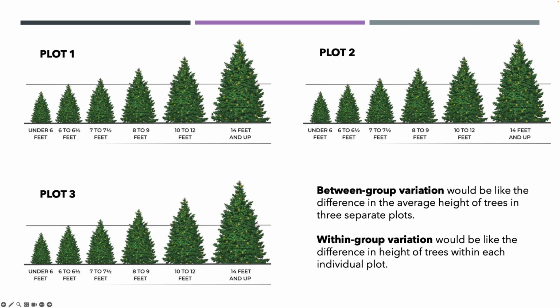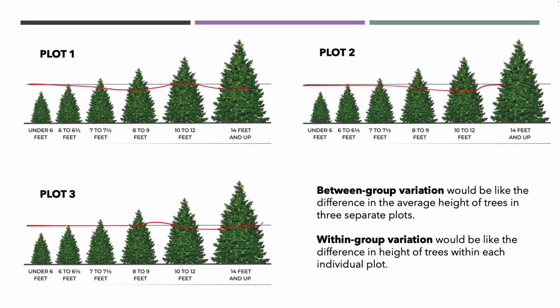And I have to consider that within each group of trees, there are also differences. Between group variation would be the difference in average height of trees in the 3 separate plots. So you can see that in the 3 separate plots, I could see different tree sizes within each plot, and I made this mean value right here. Here's the mean, here's the mean. You guys all see that?